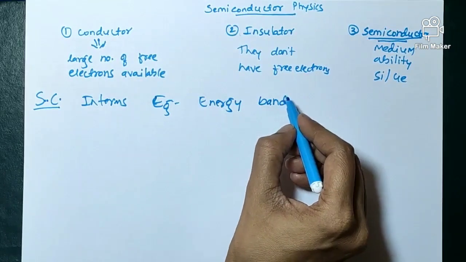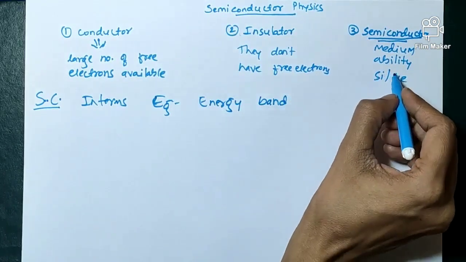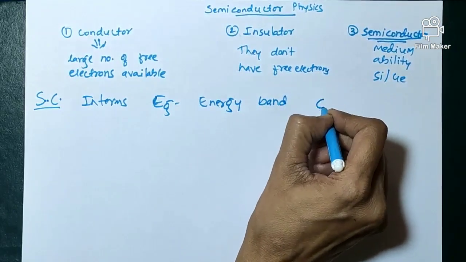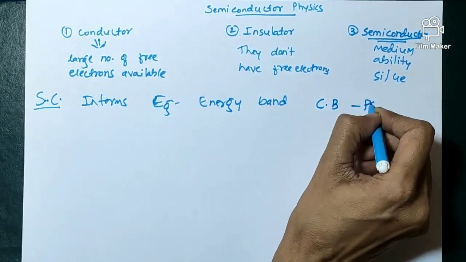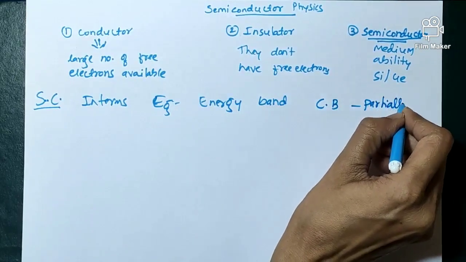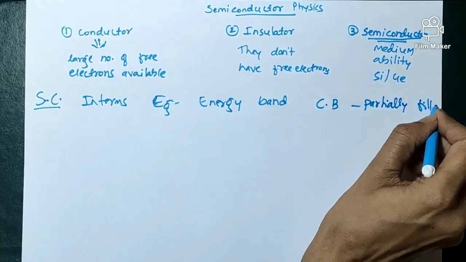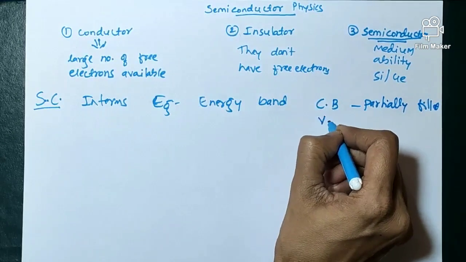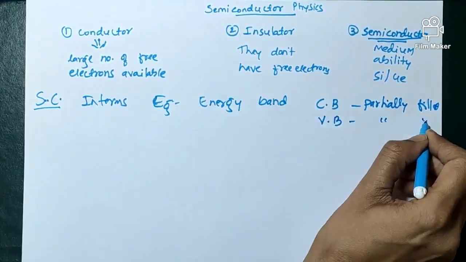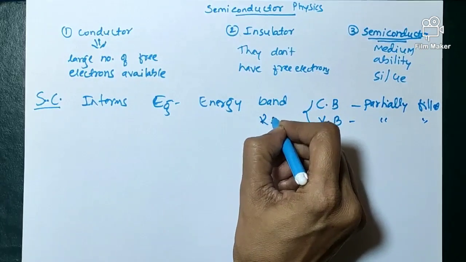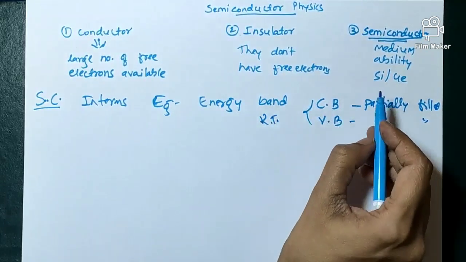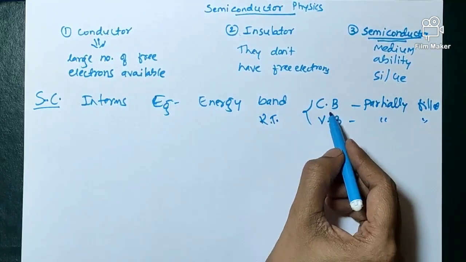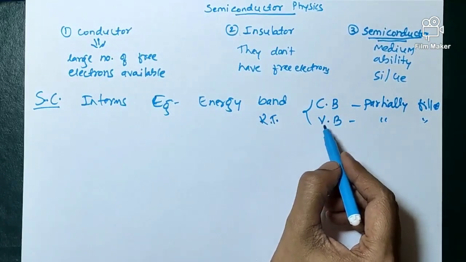At room temperature, the semiconductor has a partially filled conduction band and a partially filled valence band.